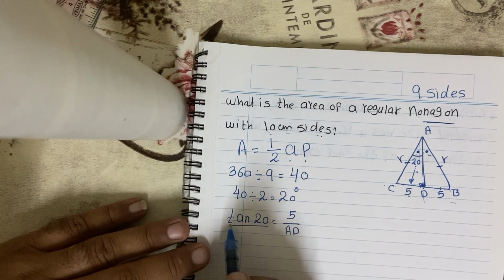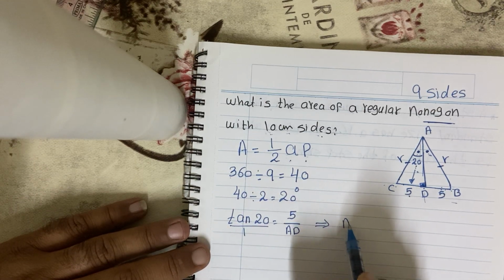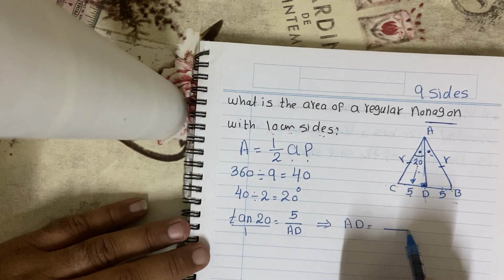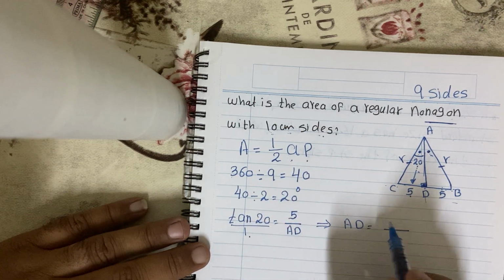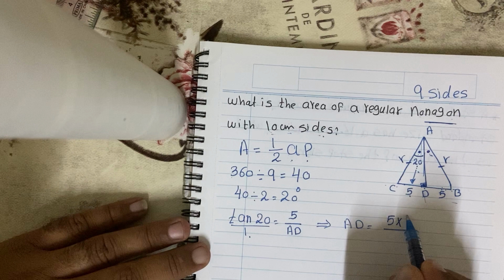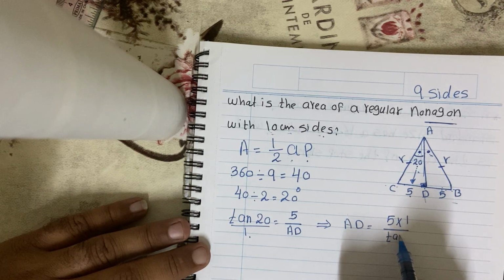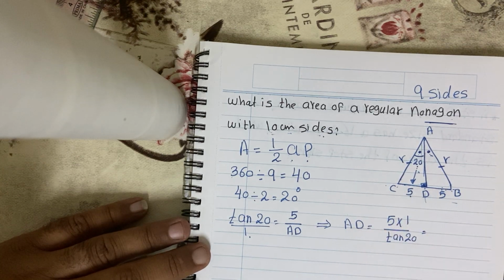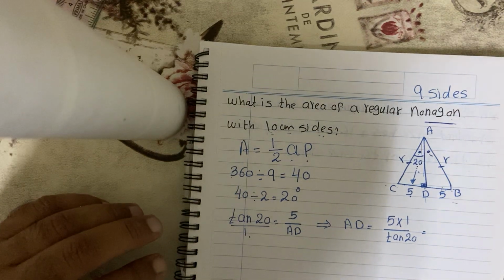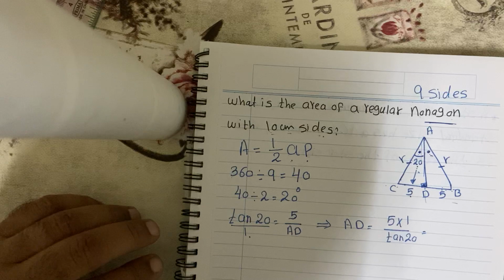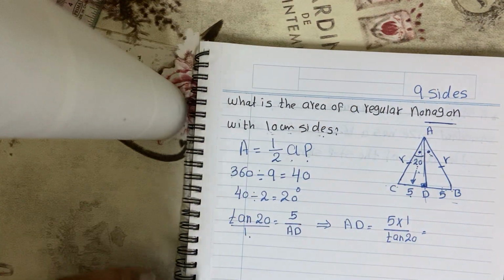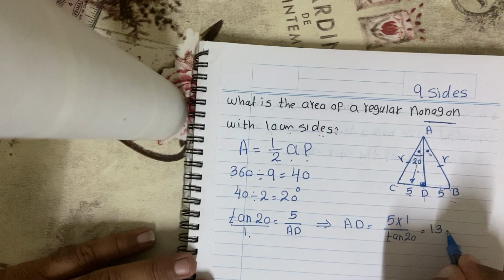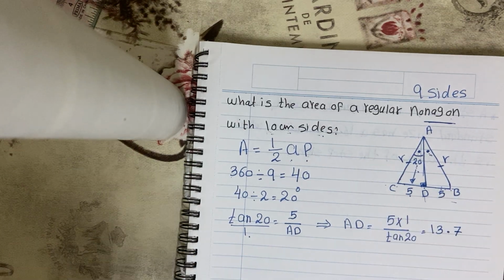Now we can find AD by using cross multiplication. AD equals 5 times 1 divided by tan 20, which equals approximately 13.7.